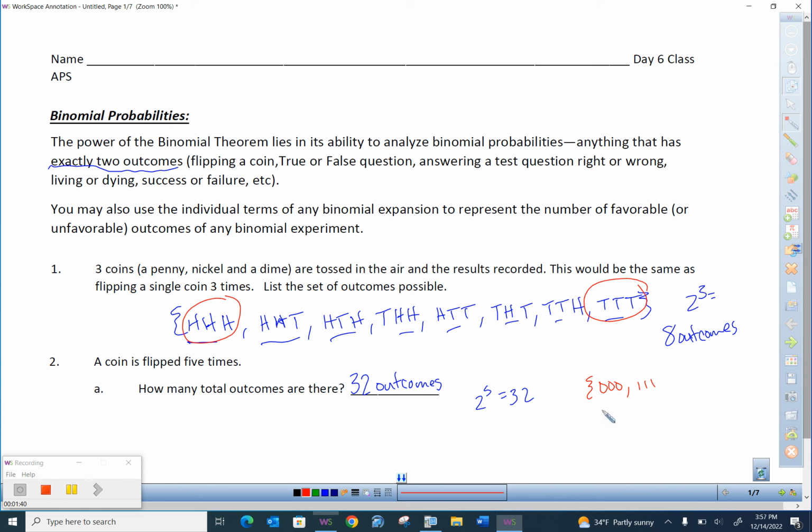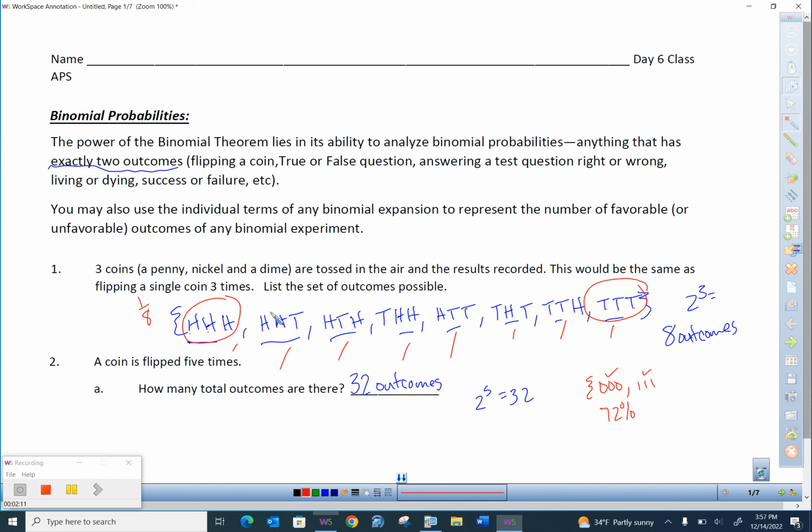Last time, Washington was a 72% free throw shooter, which meant make, make, make was more likely than miss, miss, miss to happen. In the case of what we're talking about today, heads and tails are equally likely. So this is 0.5, 0.5, 0.5. This one too is 0.5, 0.5, 0.5. Because all of these outcomes are equally likely, we can say each of them counts for a probability of 1 out of 8, and we can calculate things that way.